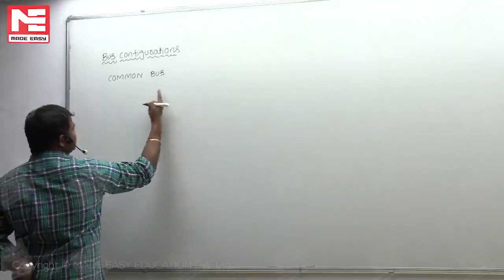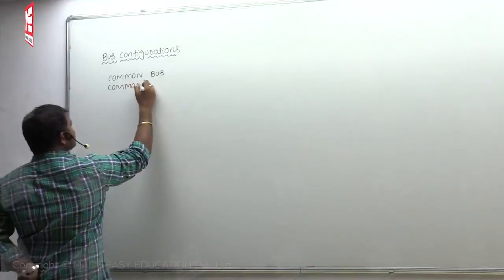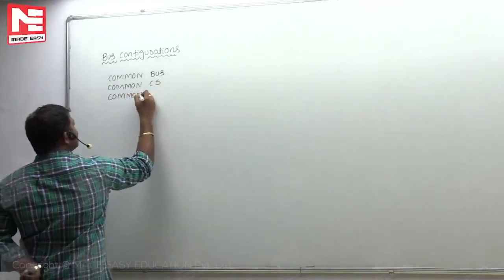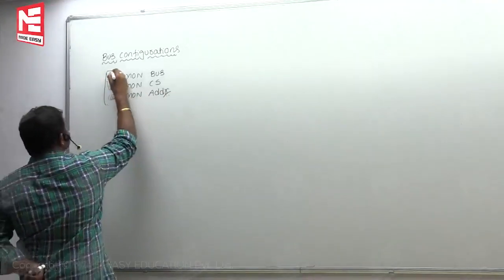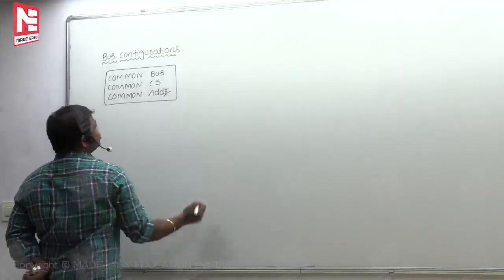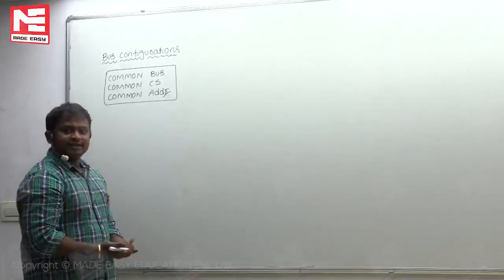Communication conflict is present because of the common bus, common control signals, and common address space used between the memory. So to avoid these communication conflicts, bus configurations are used.